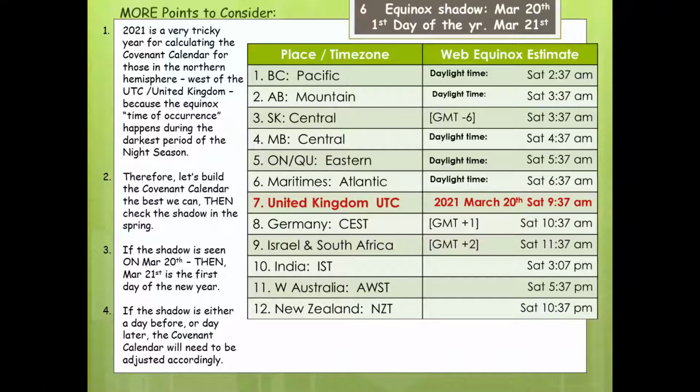But he came back with a study on Noah's flood, and he put a lot of work into it. He said, now I know for sure that the day of the shadow, the equinox, or the Tegufa is the first day of the year according to Noah's flood account. I have to give him a lot of credit.